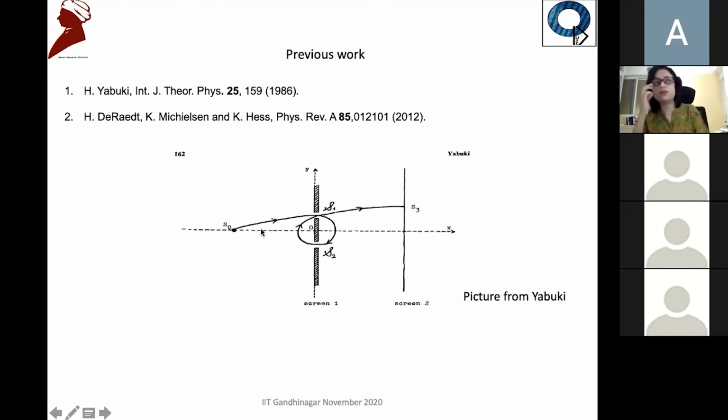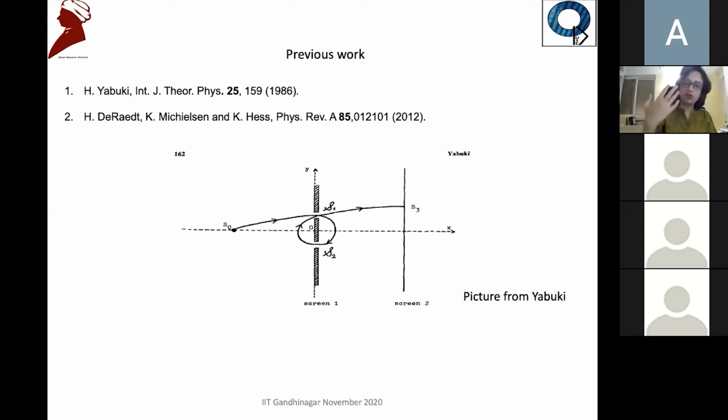But the problem with this paper was that it was very nice, but a completely theoretical paper by a theorist, and he made assumptions like the slit is of Planck length dimension, and so there were many things in it which made it very idealistic, and also some of the calculations were not quite correct.